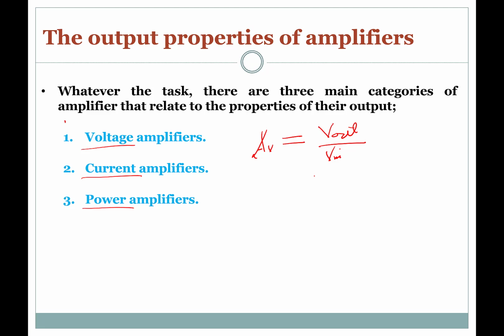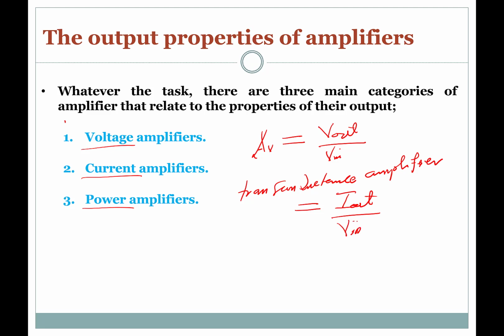So for instance, for a transconductance amplifier, the input controls the output current, and the gain is expressed as the current output divided by the voltage input. Okay, that is for a transconductance amplifier.